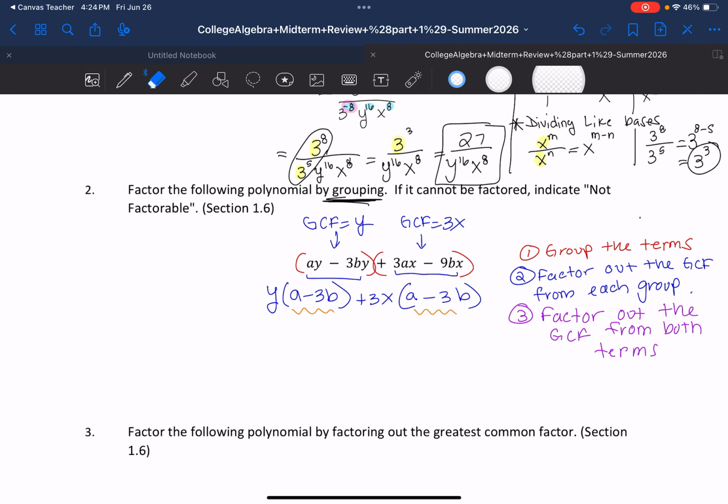So let me use that color there. That is your GCF. Both of these terms have a minus 3b in common. So I'm going to pull out the a minus 3b, and it gets multiplied by what's left on the outside, which is y plus 3x.